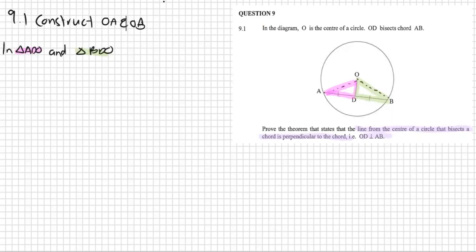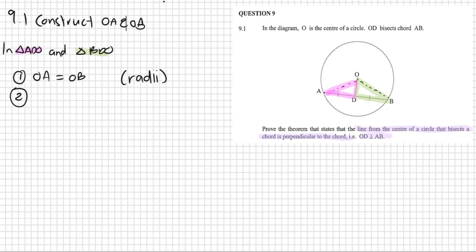In those two triangles, we need 3 things for congruency. I'm going to go for side, side, side for this proof. So number 1 is that AO is equal to OB, or BO. That's because they're both radii of the circle.